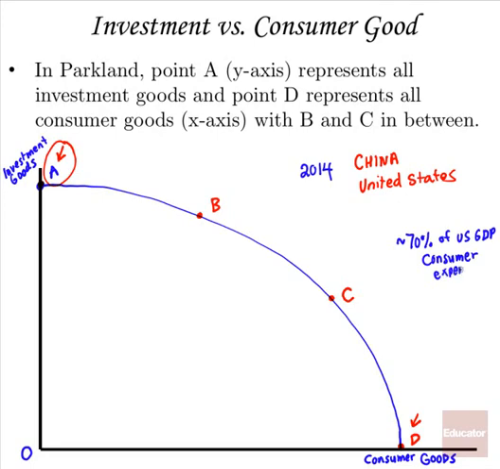So if you want a crude generalization, then C would probably represent more of the United States, whereas in China, more of its resources are spent on investment goods. Again, this is a crude generalization, but if more of a country's resources go to investment goods, that bodes well for future economic growth.